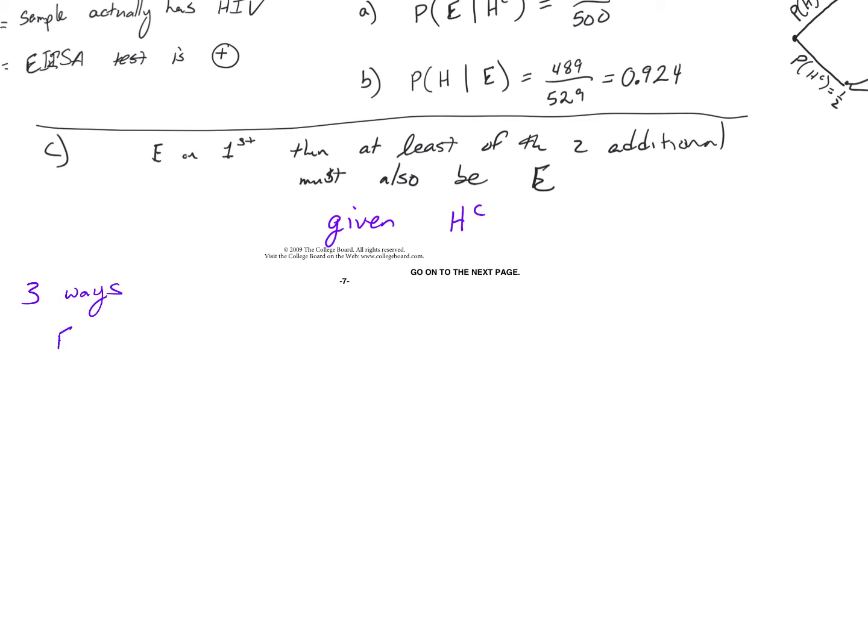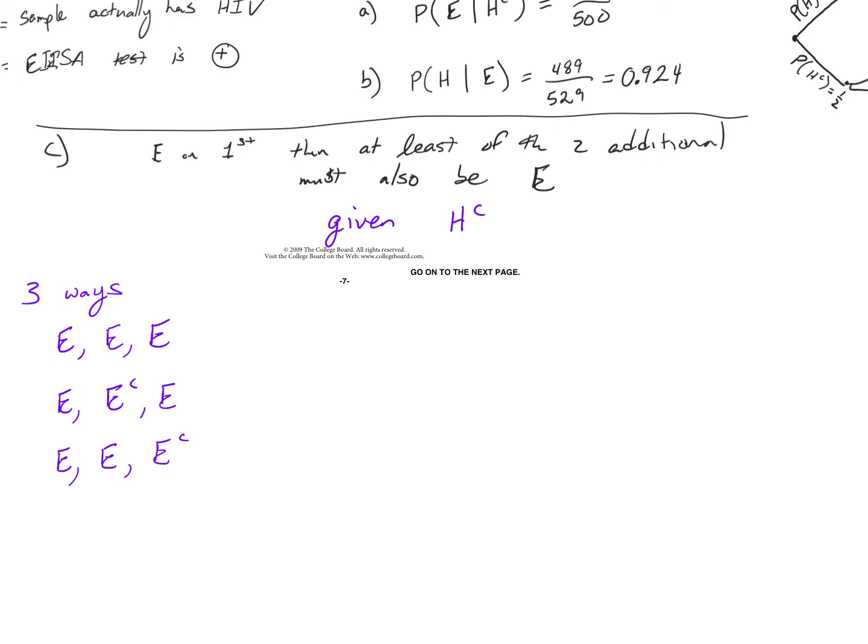Either you get a positive on the first, a positive on the second, and a positive on the third. Or you get a positive on the first, a negative on the second, and a positive on the third. Or you get a positive on the first, a positive on the second, and a negative on the third. So there's these 3 ways, and we're going to need to add up all 3 of these probabilities.